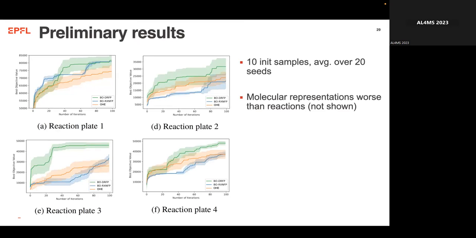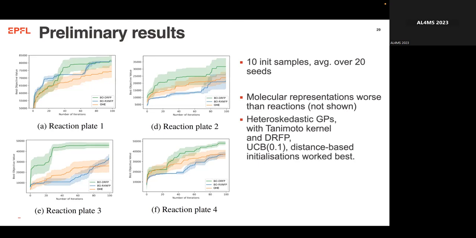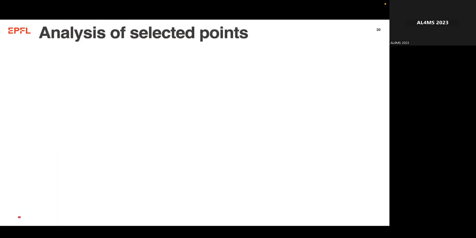What we observed is that none of the single molecule representations worked for any of those, and it's not shown here because in the preprint, when we submitted this to a workshop, the reviewer was a bit annoyed about the performance, and we removed it and thought we'd check it again before putting it out there. What worked best for us was a heteroscedastic GP with a Tanimoto kernel, the DRFP, UCB with a beta value of 0.1, and a distance-based initialization scheme.